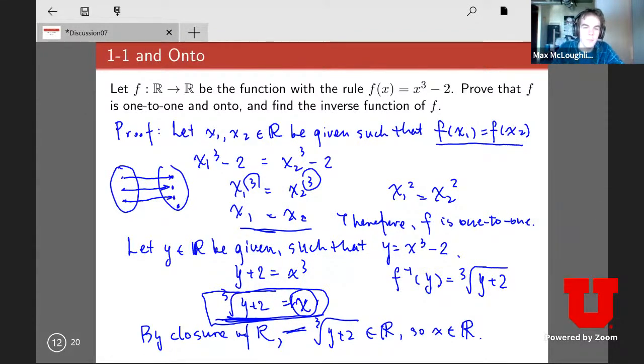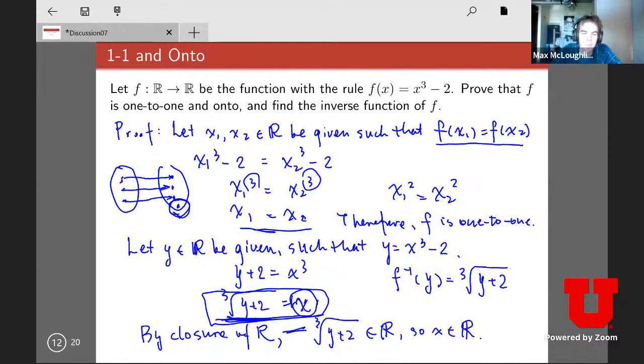And this is a one-to-one function. Every distinct element is mapped to a distinct element in the codomain, right? That's one-to-one. But because we have this extra element here, that element in the codomain does not have a corresponding x. Gotcha. Thank you. Make sense?